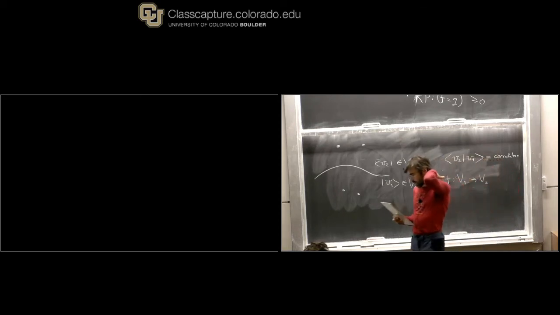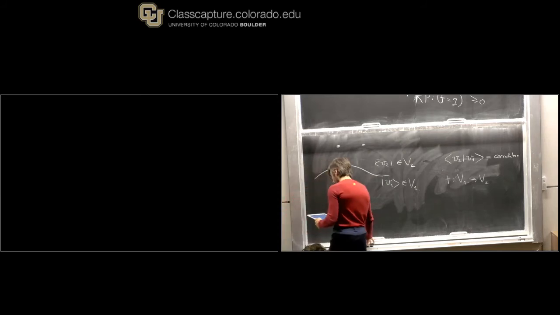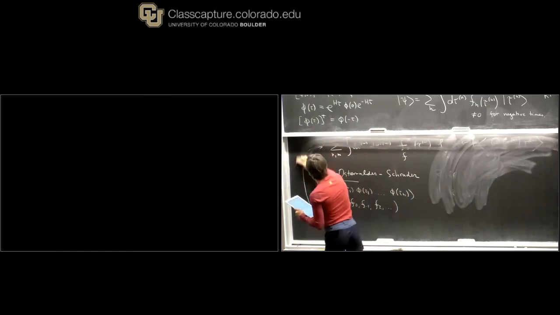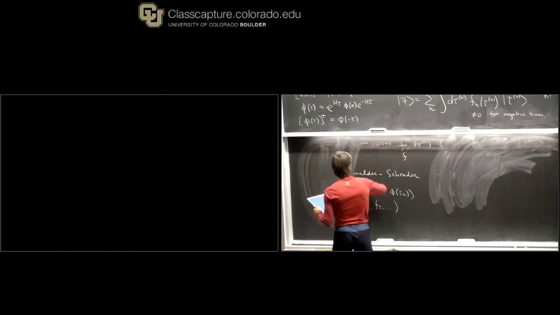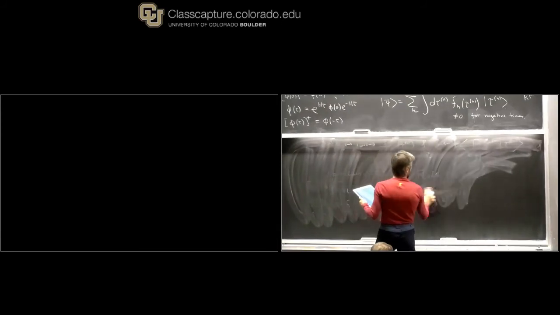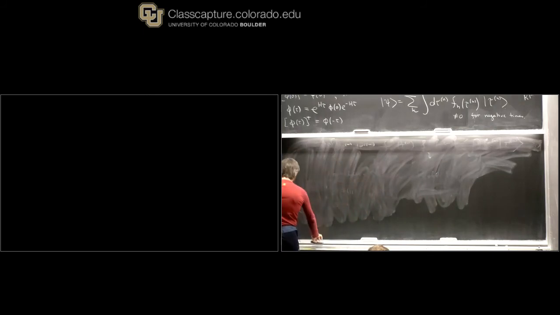Okay, so let me then go to the CFT case, and see what happens. I don't want to create any suspense or anything. You already know that what we do in CFTs is radial quantization.